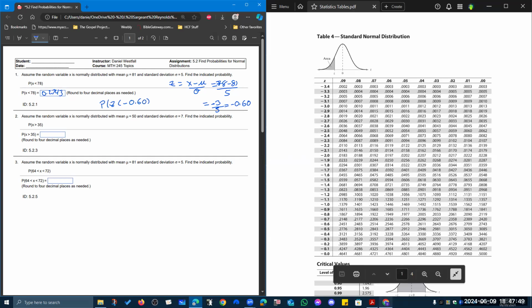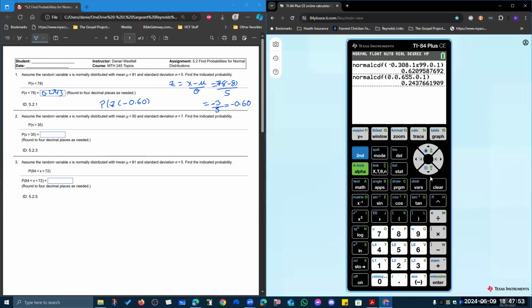I'll show you that we can get the same thing with our calculator, even though this wasn't a technology problem here. We're going to come in here to second distribution, normal CDF, and we can have a lower limit of -infinity, so -1 second EE 99, and the upper limit this time of x is 78.